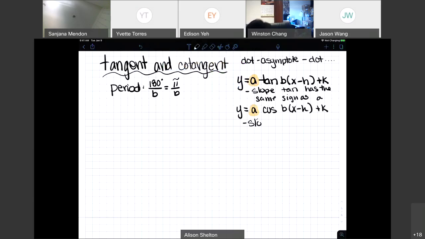The slope of cotangent has the opposite sign as a. Then we still have the same b as before. It still indicates our period. And our h and k as before still do the horizontal shift.